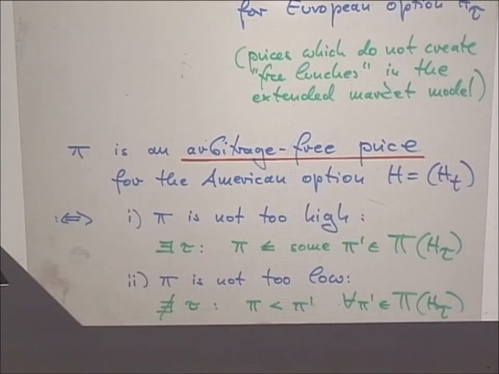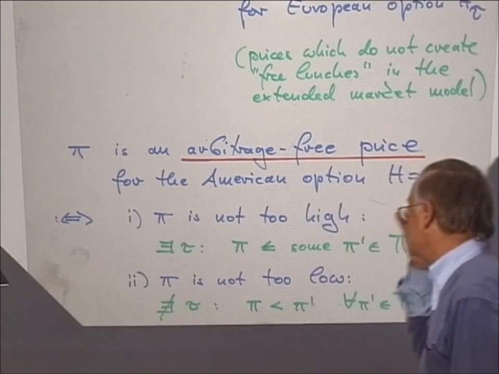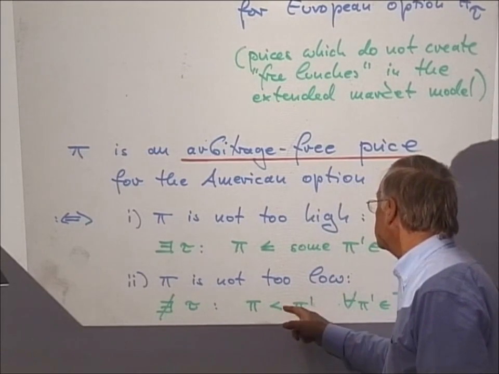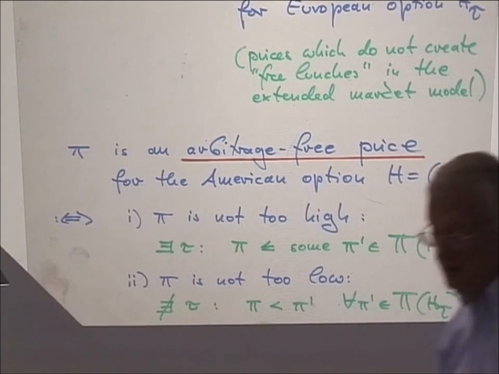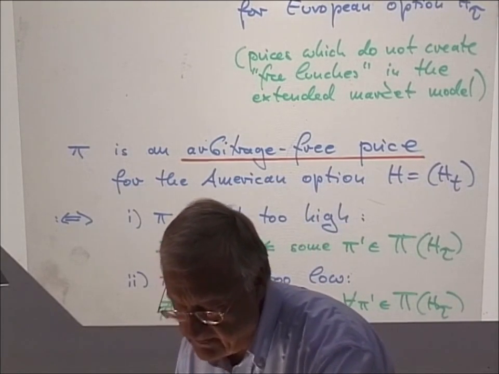And P is not too low, in the sense that there is no exercise time such that the present price would be strictly below any arbitrage-free price for that European option.